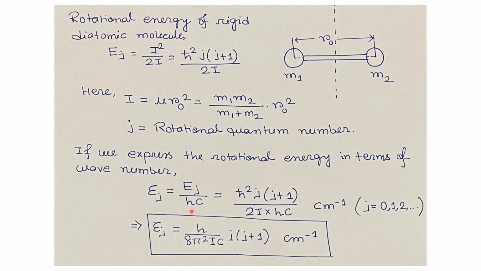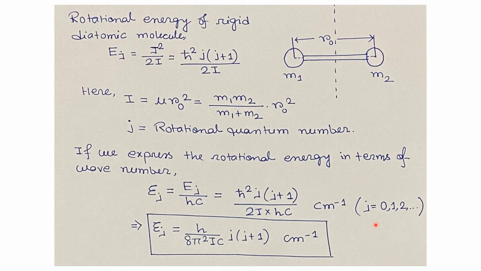Here h is the Planck's constant, c is the speed of light in the vacuum. So, the energy of the rigid diatomic molecule in terms of wave number is equal to h cut square times j into j plus 1 divided by 2I hc with the unit centimeter inverse. Here j can take any positive integer value including 0.